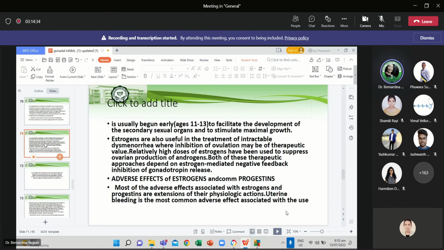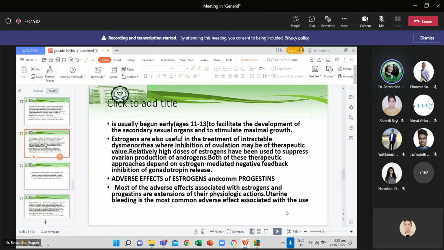They are very useful for intractable dysmenorrhea, where inhibition of ovulation may be of therapeutic value. Now, high doses of estrogen have also been used to suppress ovarian production of androgens. Now, these therapeutic approaches depend on estrogen-mediated negative feedback inhibition of gonadotropin release.